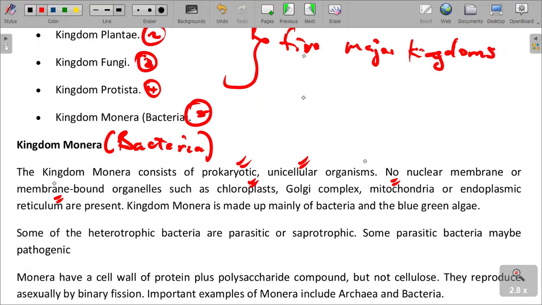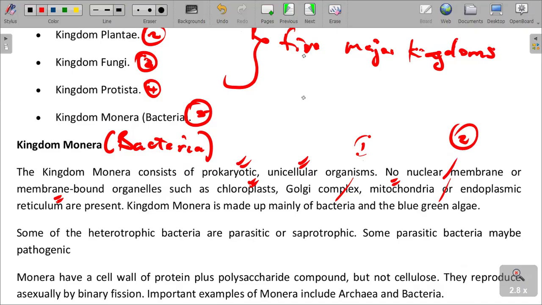So it's made up mainly of bacteria and the blue-green algae. The bacteria and the blue-green algae are the main examples that form the kingdom Monera, the one we are talking about.